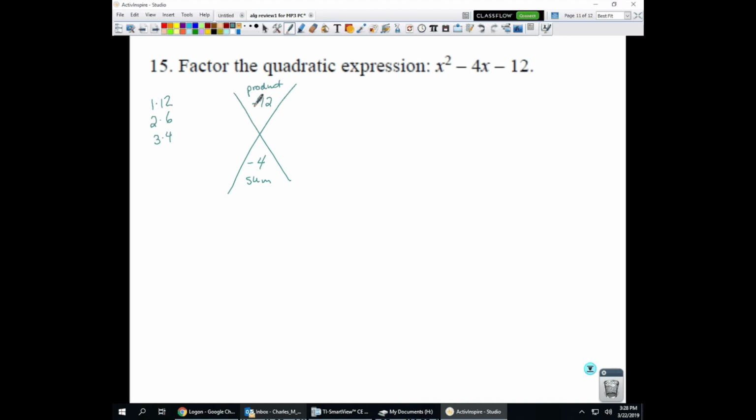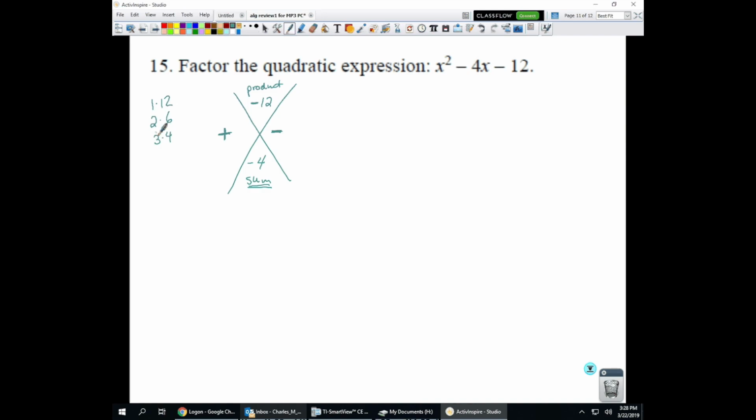Now, in order to get a product that's negative, I have to be multiplying one positive number and one negative number. Right? Now, as I am thinking here, and I know that the sum has to be negative 4, well, the sum of a positive and a negative number, to actually find the number value of that, I really subtract.